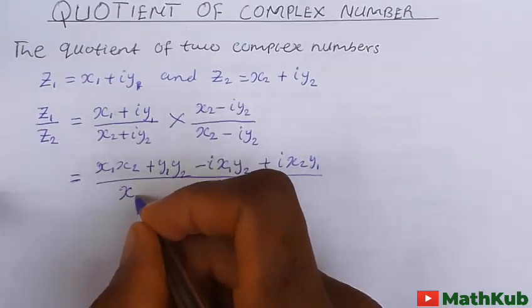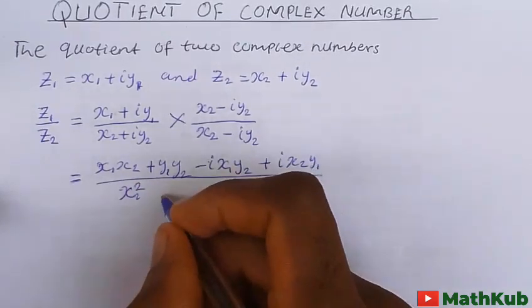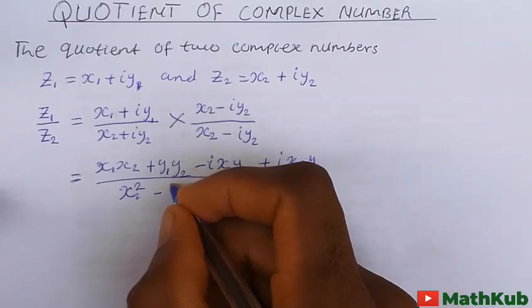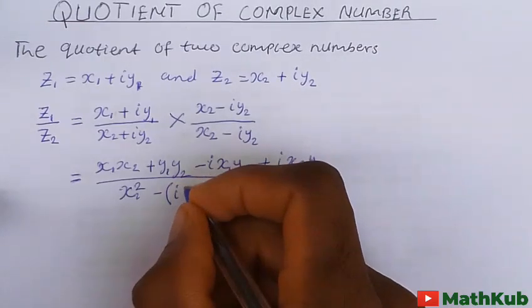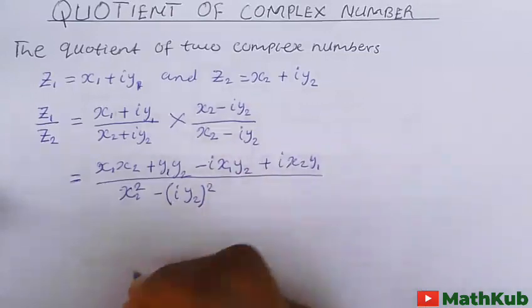which we have x2 squared minus (i y2) all squared.